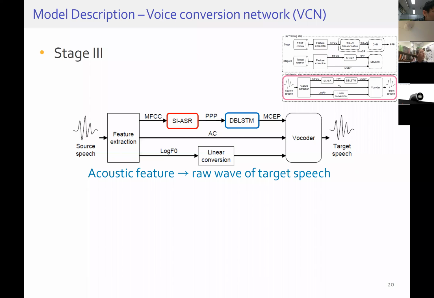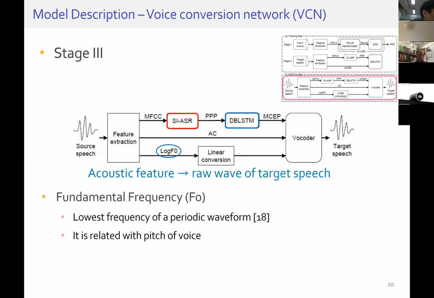Finally, stage 3 assembles SIASR, DBLSTM, and the vocoder in order. Fundamental frequency, F0, is the lowest frequency of a periodic wave and is related to the pitch of the speech.